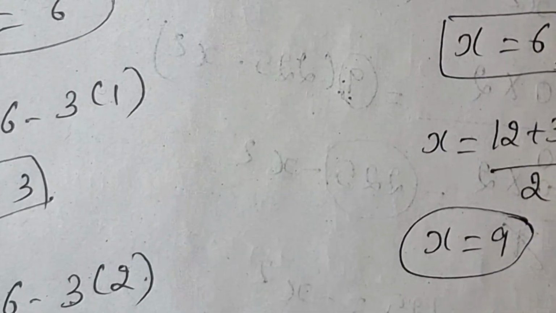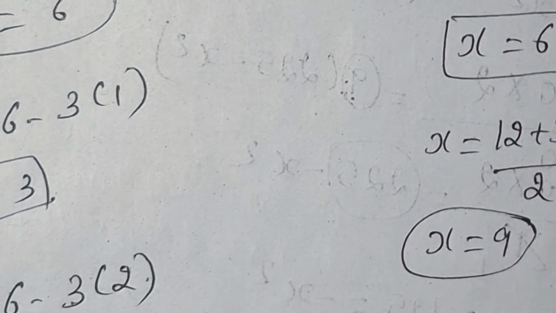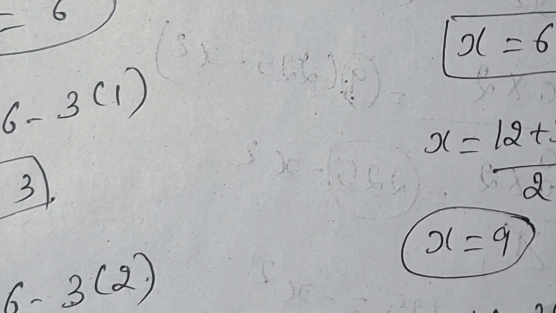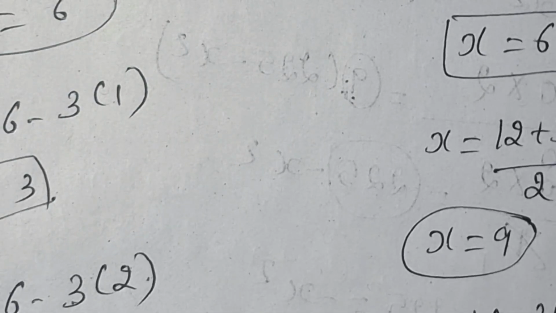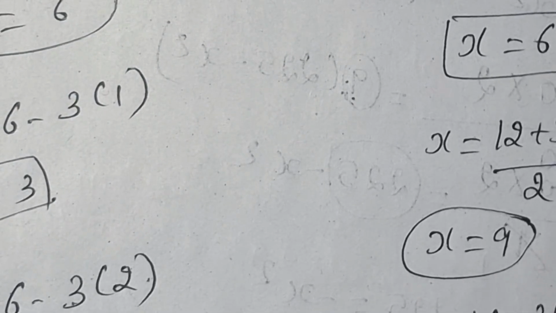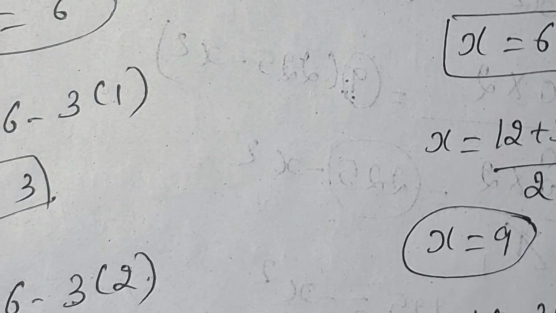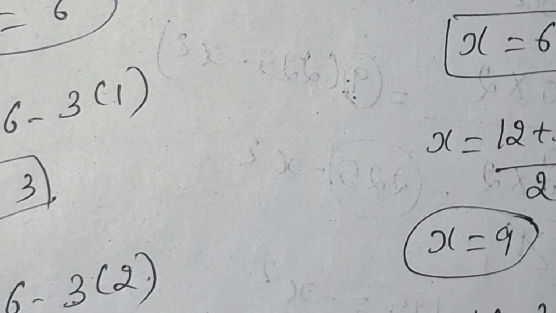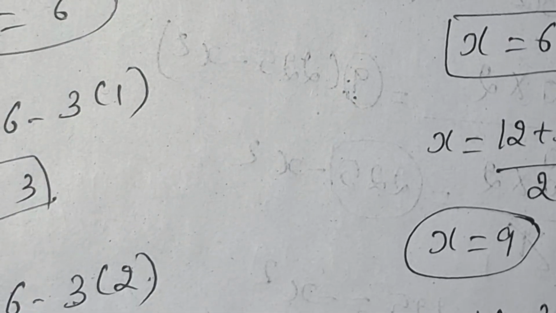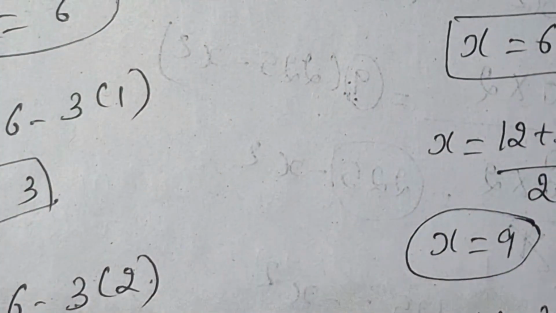Then put y equal to 4: x equal to 12 plus 3 into 4 by 2. So 12 plus 12 is 24, by 2, 2 twelves are 24, so x equal to 12 when y equal to 4. At least 3 values we can find easily to plot the graph.